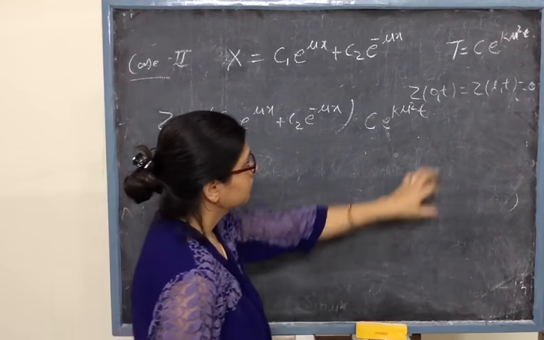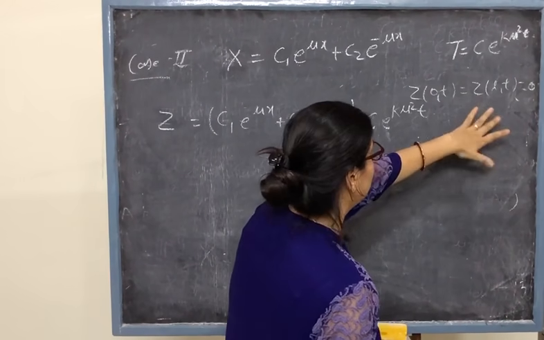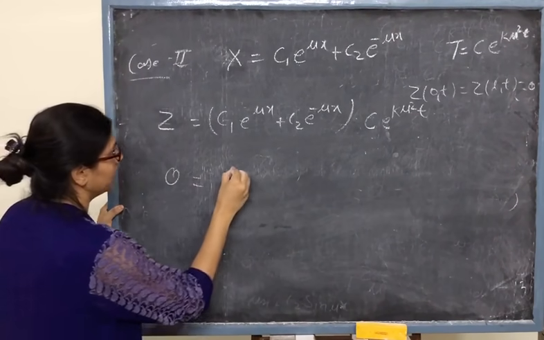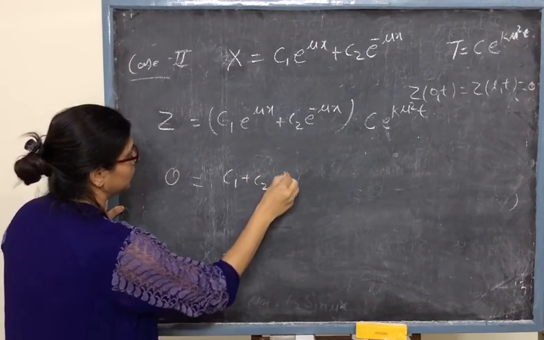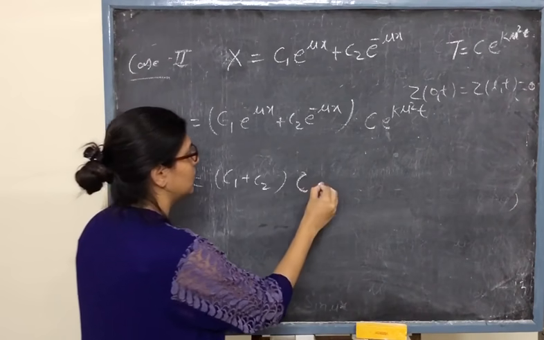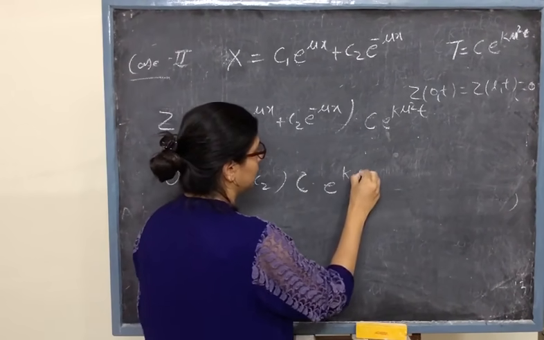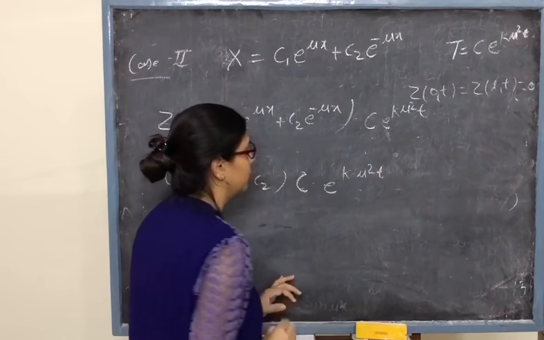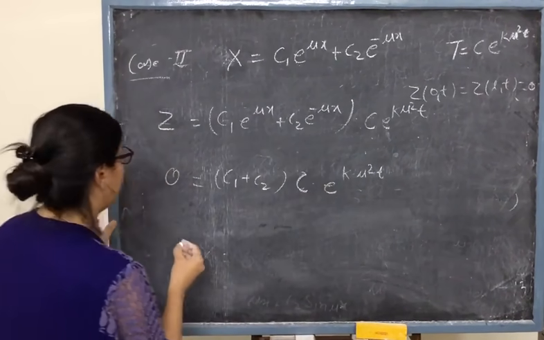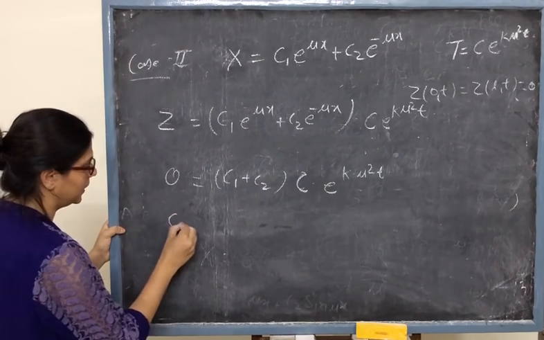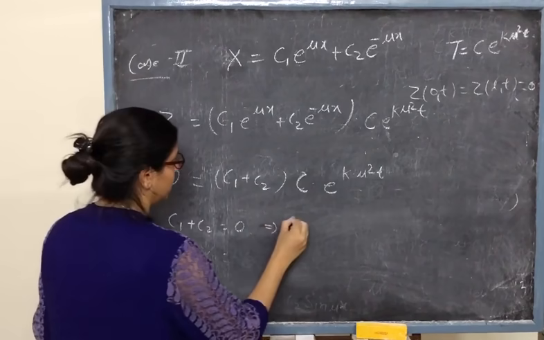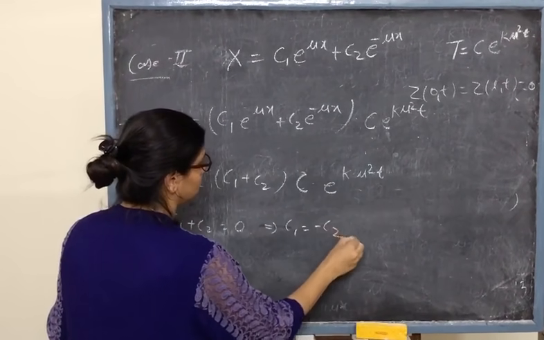Now putting x equals 0, z is 0, so applying the first boundary condition we get c1 plus c2, which remains the same because there is no effect on t. So c1 plus c2 equals 0, and we can say c1 equals minus c2.